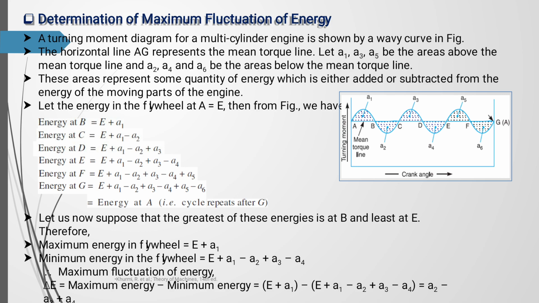Let me explain clearly. Just watch the energy level at point B, at point C, at D, at E, at F, then G. The entire system has an energy E at the first point A. Every engine has an initial energy; consider the initial energy to be E, the available energy of the engine, whatever it may be.